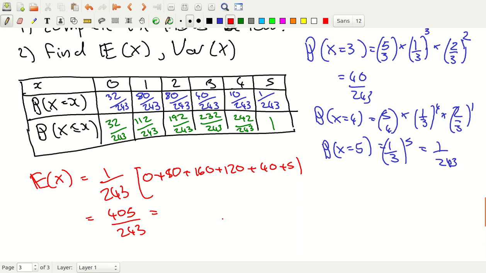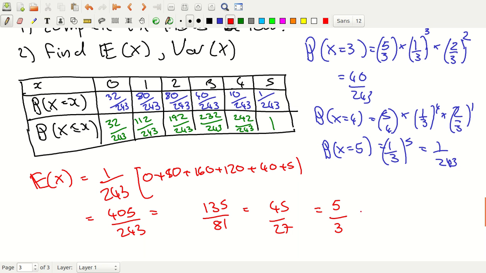We can divide everything by, well, certainly by 3, so let's do that. 135 over 81. We can actually go one step further. We can divide that by 3 as well. 45 over 27. We can divide by 9 here, actually, which is 5 over 3.